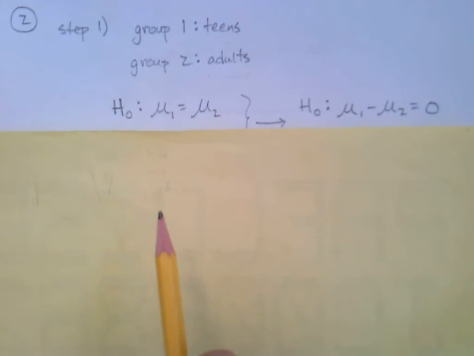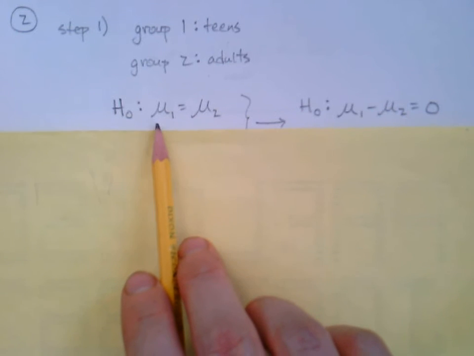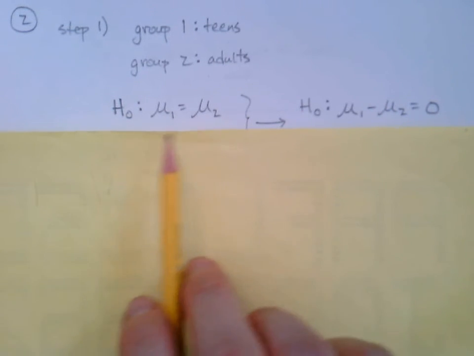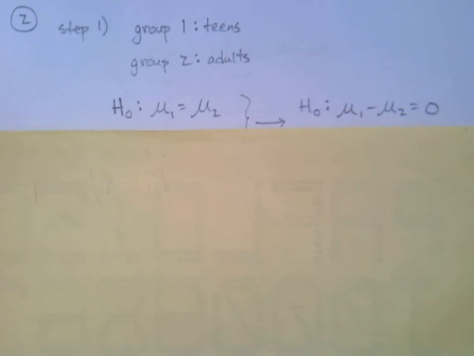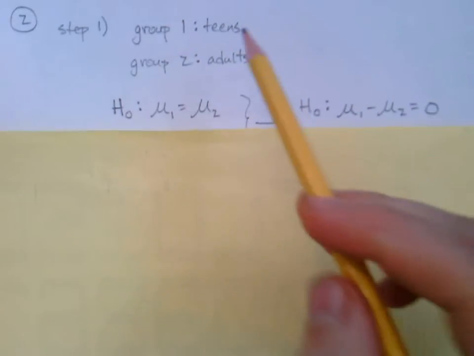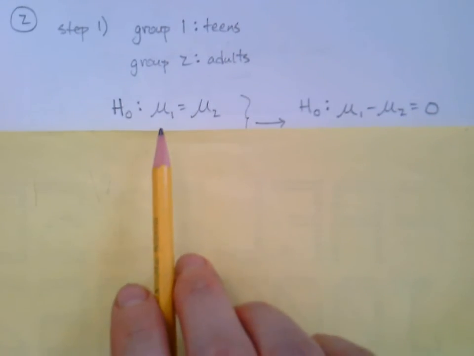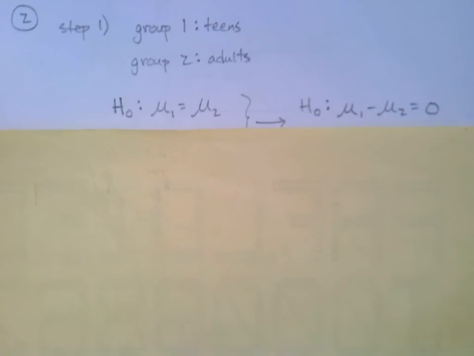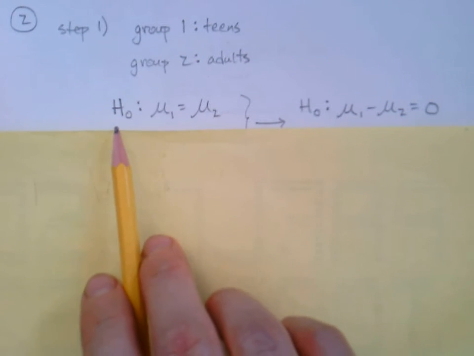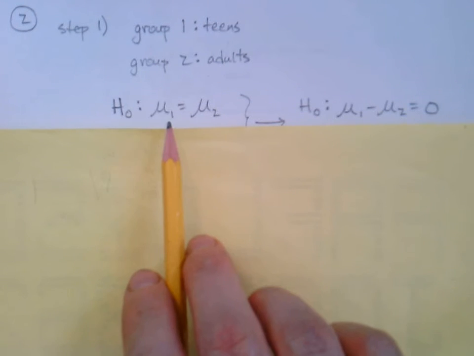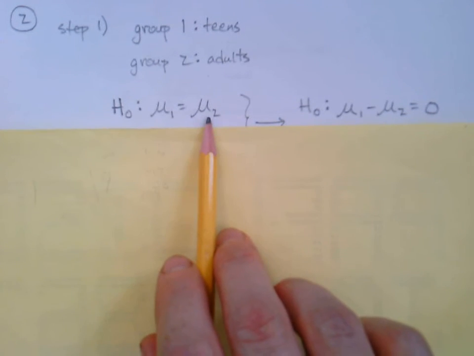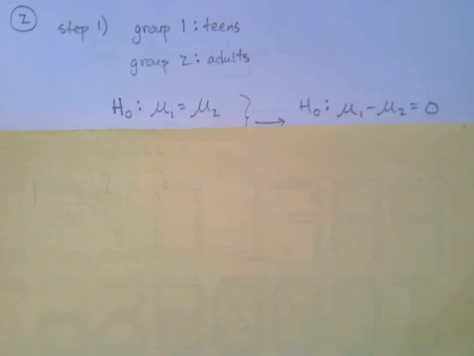So what are we going to do? We are going to assume that the average number of hours between the two groups is the same. That's the null. There's no difference between them. Teens, adults, doesn't matter. We assume that they average the same number of hours of sleep. And we need a lot of evidence to convince us that no, actually one of them gets more sleep than the other. Okay. So an easy way to represent that would be to say H0, our null hypothesis, mu1 equals mu2. The average for the teens equals the average for the adults.